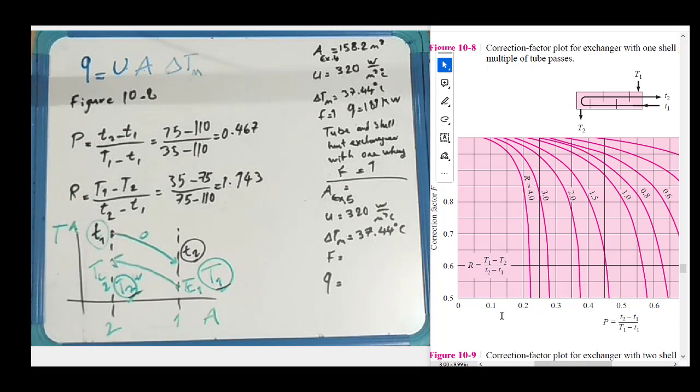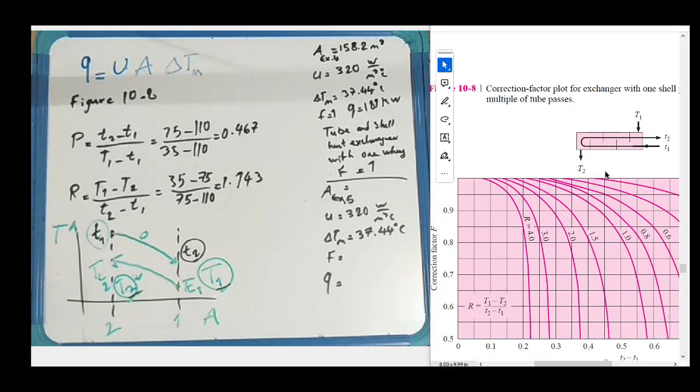Our R is about 1.1, around here, nearly here, between 1 and 0.8.